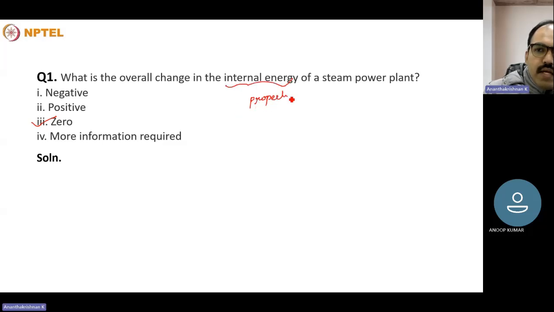We know that a steam power plant operates in a cycle. When a property undergoes a cycle, its total change will be equal to zero.